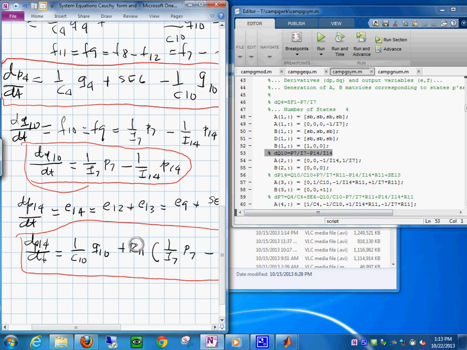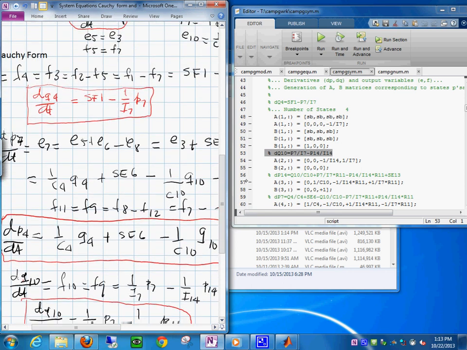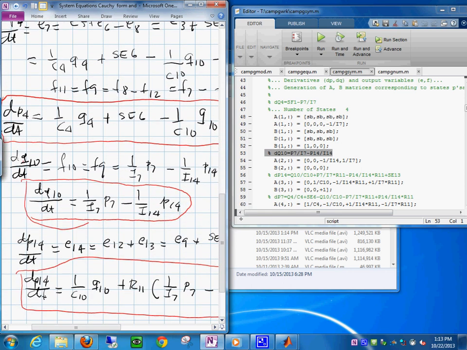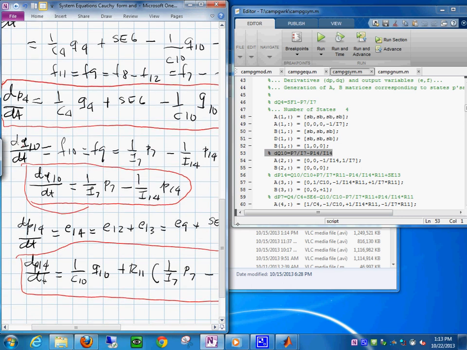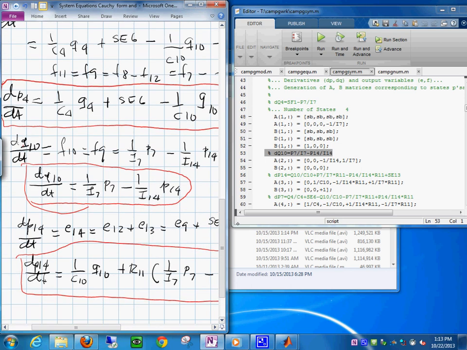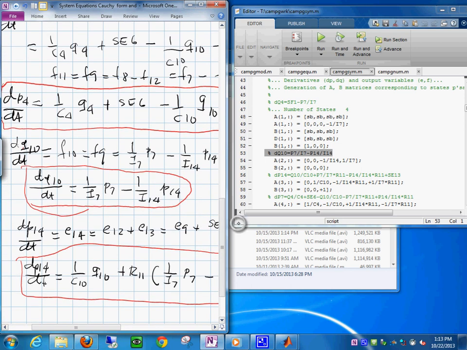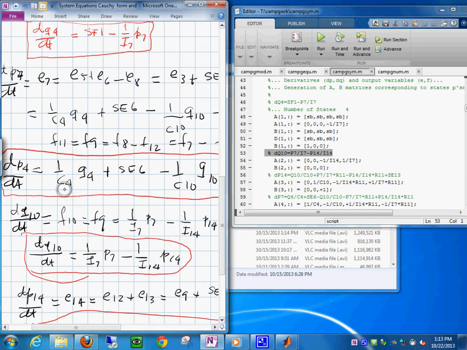But what we did by hand, CAMPG does it automatically for you. And this explanation is to help you understand that the equations of the system, whether you have them in one form or the other, you can use them in computer simulation. From the bond graph model, you can use these equations.